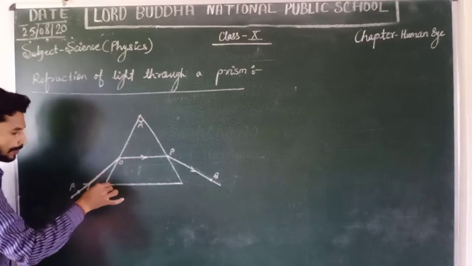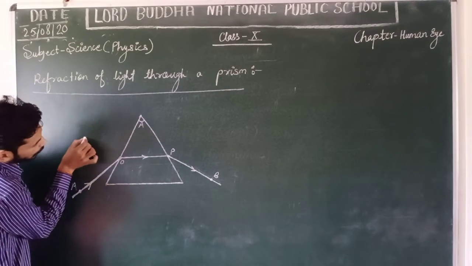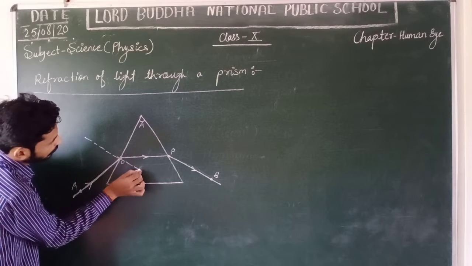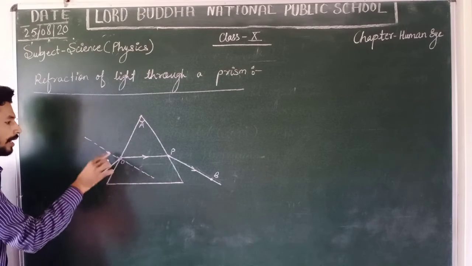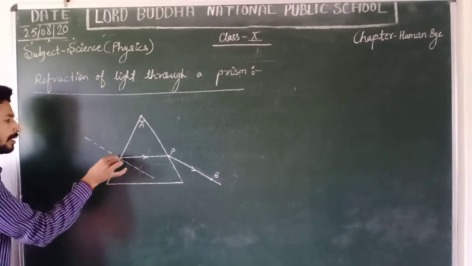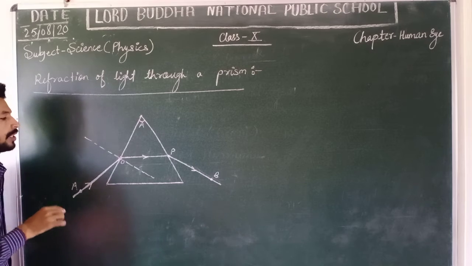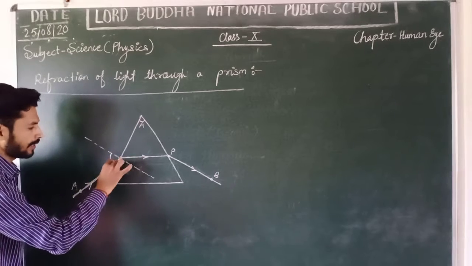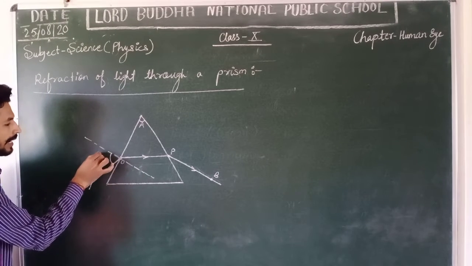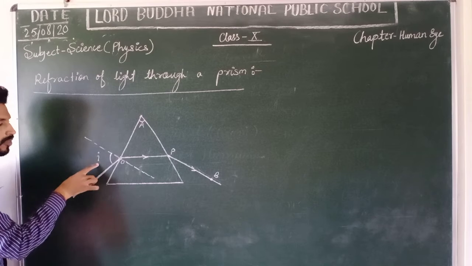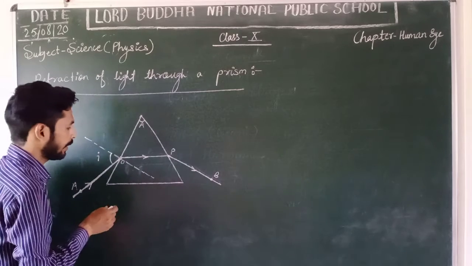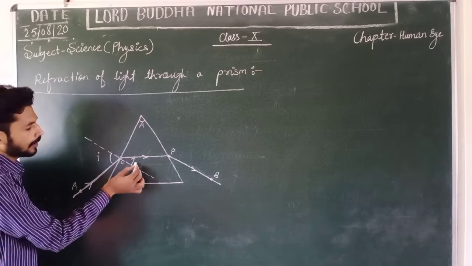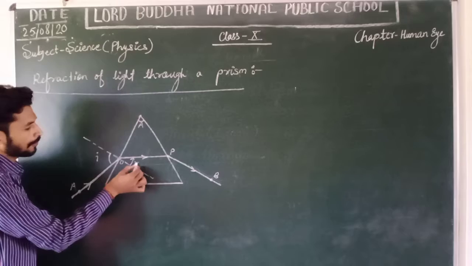This is the surface of the prism, and draw a line perpendicular to the surface like this. That line is called the normal, and the angle between the normal and the incident ray is called the angle of incidence, denoted by I, and the angle between the normal and the refracted ray is called the angle of refraction.